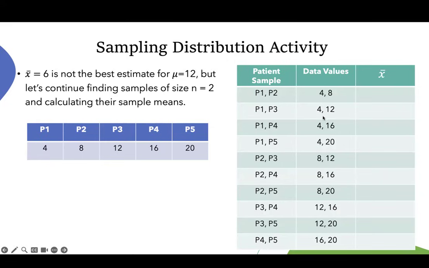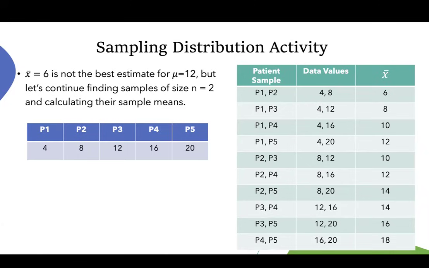And this column, the second column, gives all the data values. If you want to take a minute and pause the video, calculate x bar for each of the samples. And you could probably do most of this in your head. We already did the first two together. The first was an x bar of 6, and the second one was an x bar of 8. And if you continue going down, I'm going to show you the answers here.